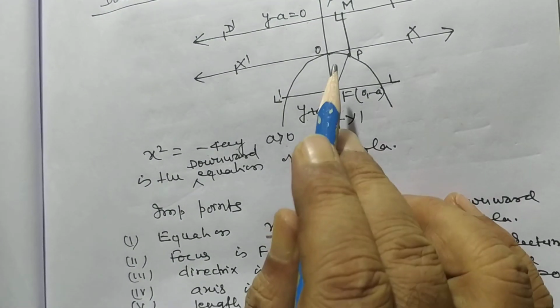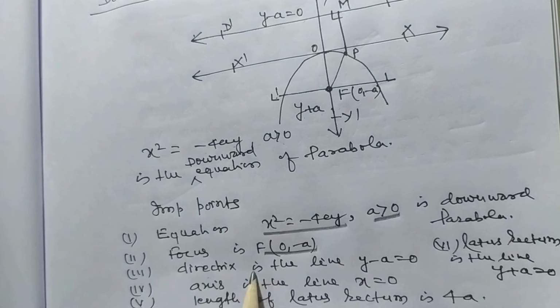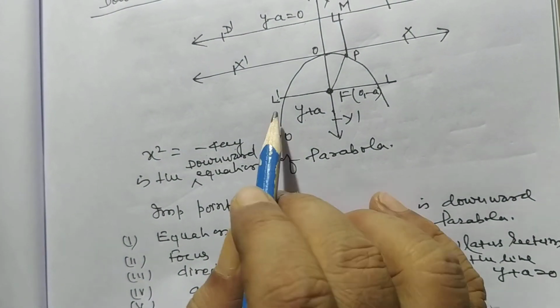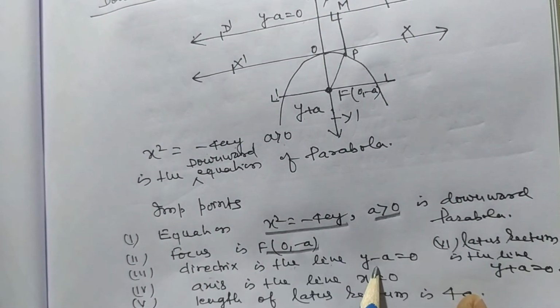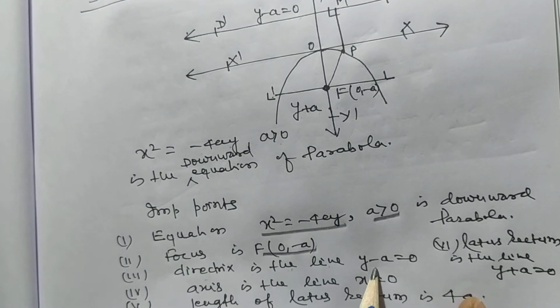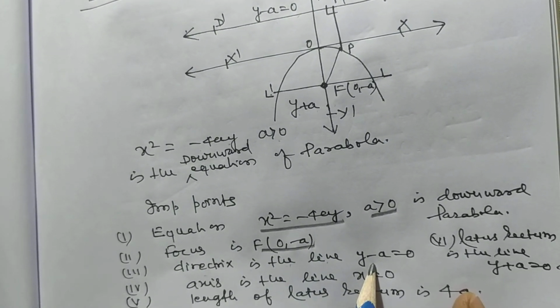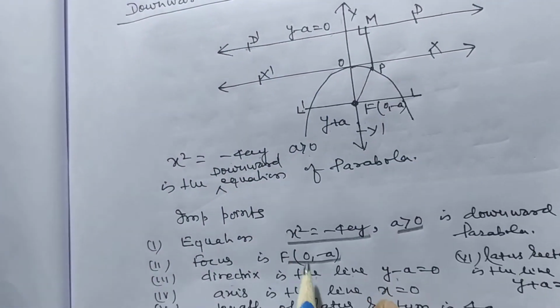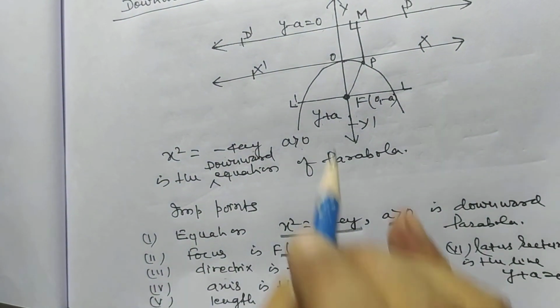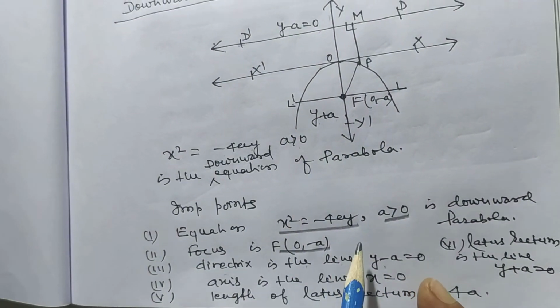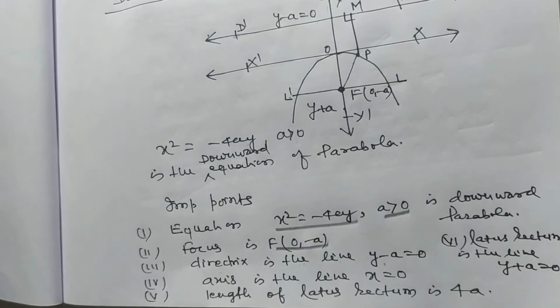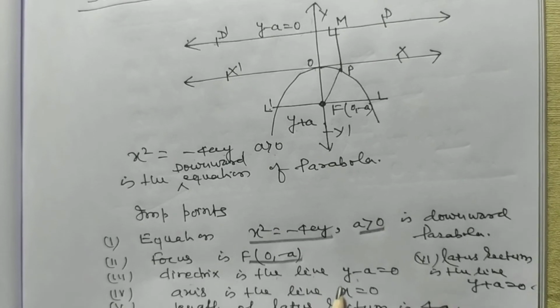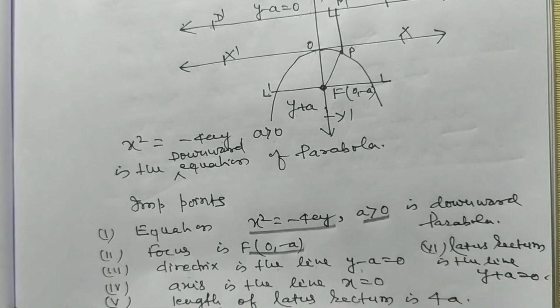Important points: focus is of course (0, minus a). Directrix is the line y minus a is equal to 0.